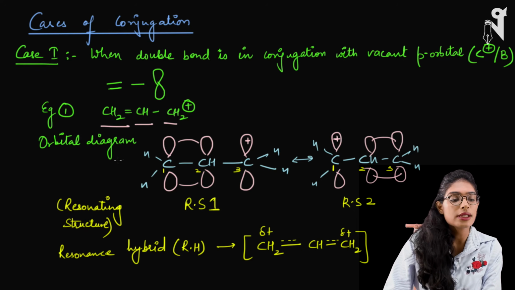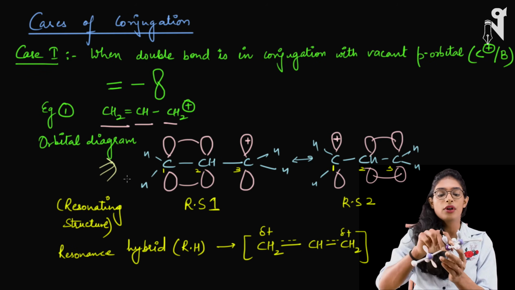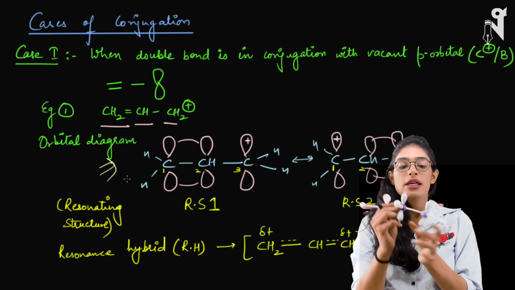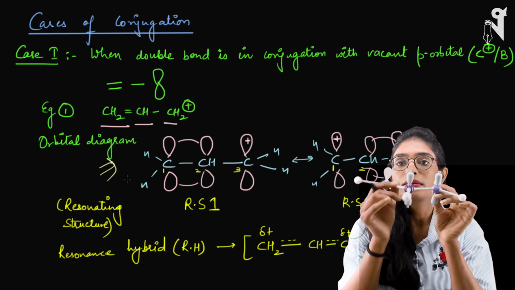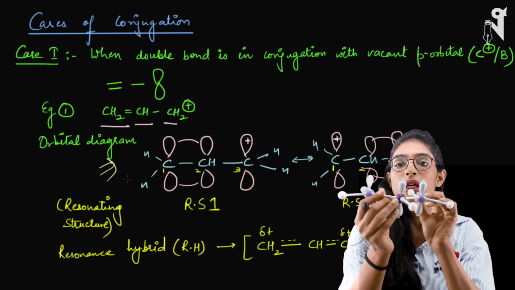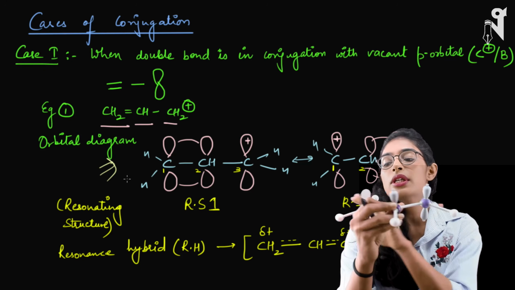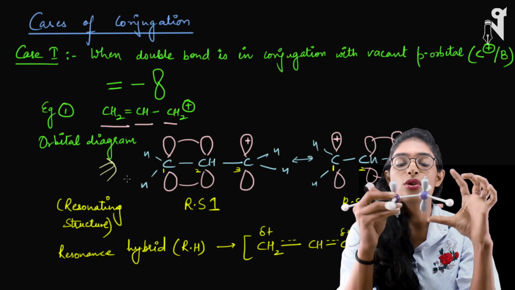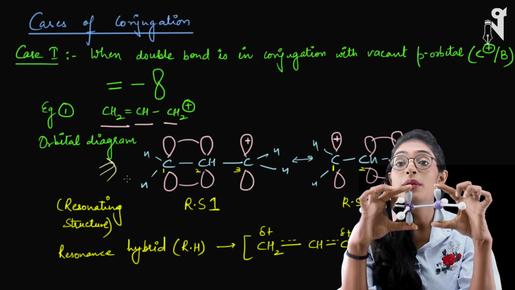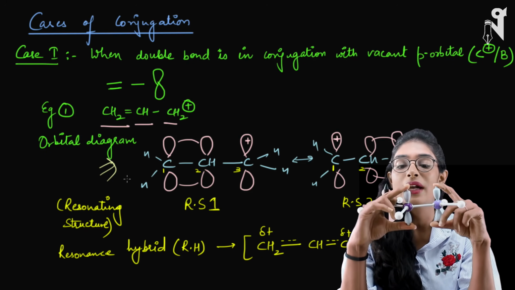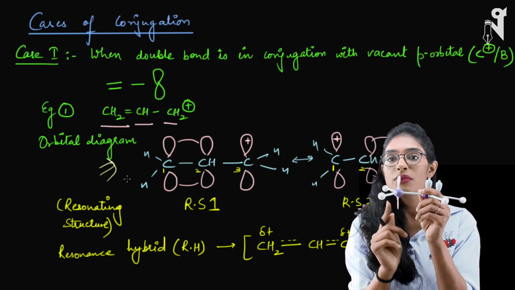First, I'm drawing the orbital diagram. This is my CH2 CH CH2 plus. I had shown you earlier in this video that you have these hydrogens in one plane, and then you talk about the p orbitals. The p orbitals which form the pi bond are perpendicular to the sigma bonds, and these are parallel to the empty p orbital of the carbon which is present here.